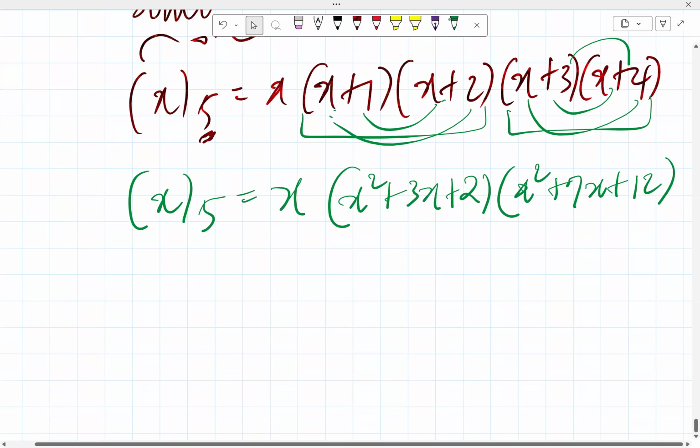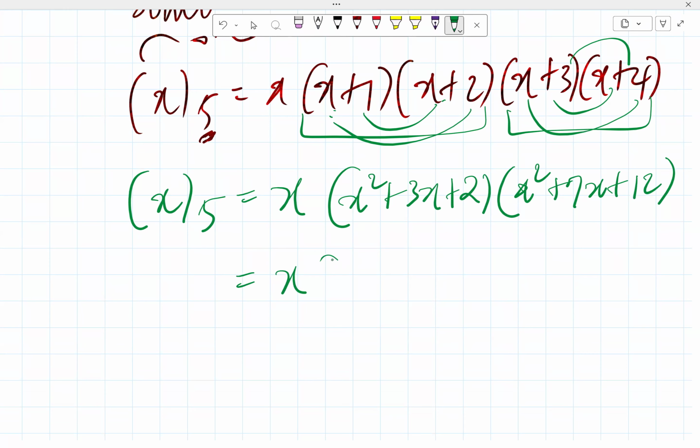Then we can go step by step again. So we have x into, so we can take care of all of this. x squared times x squared is x raised to power 4, x squared times 7x is 7x cubed, plus 12x squared. Then 3x times x squared is 3x cubed.